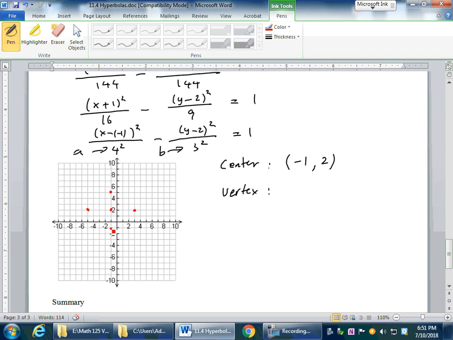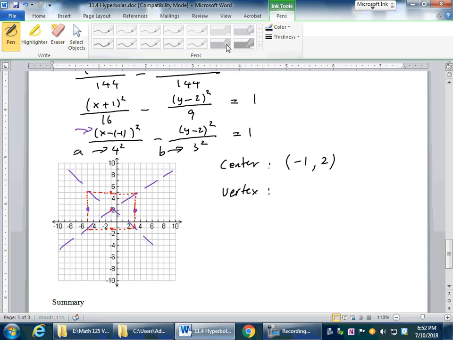So finally, this helped me get my rectangular box to draw the diagonals, and then therefore I will get my hyperbola. So let's draw the box first, and then the diagonals, right? Asymptotes go through the diagonal of the rectangular box and pass through the center. So this will be like this, and since this is x squared first, the orientation is left and right, and my vertex points are right here.